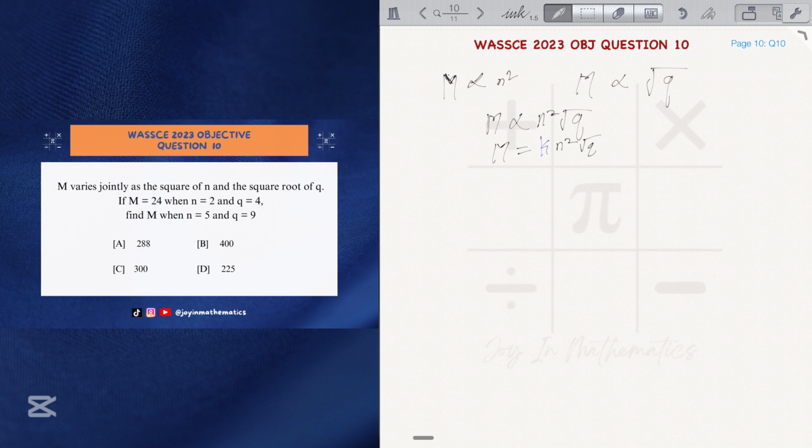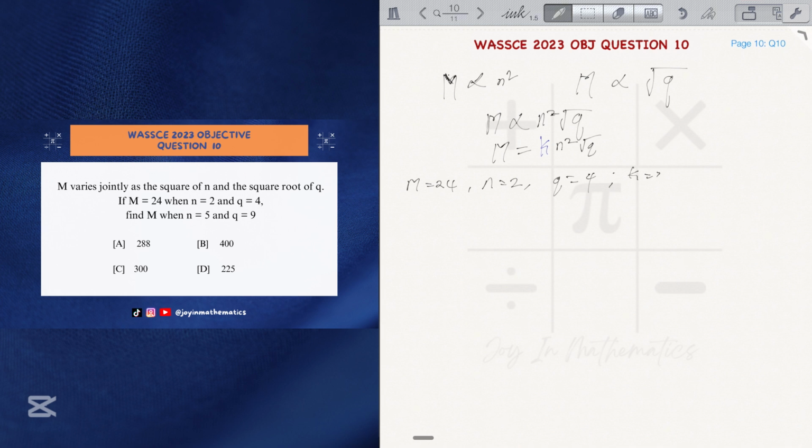Now, let's proceed. We have discussed the first line of the question that says m varies jointly as the square of n and the square root of q, and we have involved the constant k. Now, if m is equal to 24, n is equal to 2, and q is equal to 4, we can find the value of k.